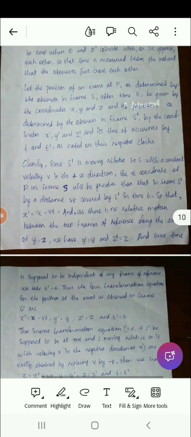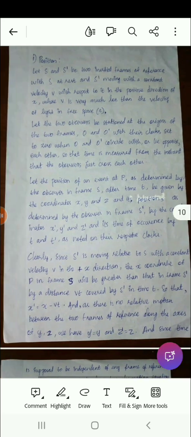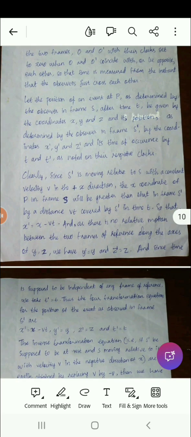So clearly from this figure we can see S dash is moving relative to S with a constant velocity v in the positive direction. So the x coordinate of P, there is an event happening here at P. That's what we marked as P. Yeah, so the x coordinate of P in frame S will be greater than that in frame S dash by a distance vt covered by S dash in time t, right?